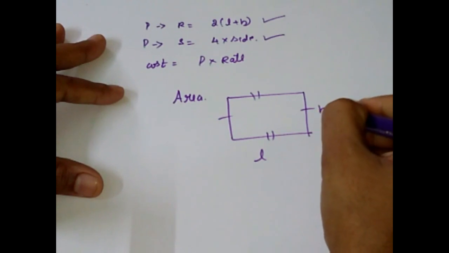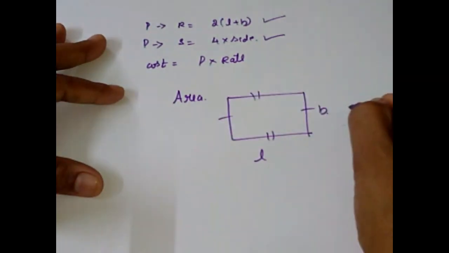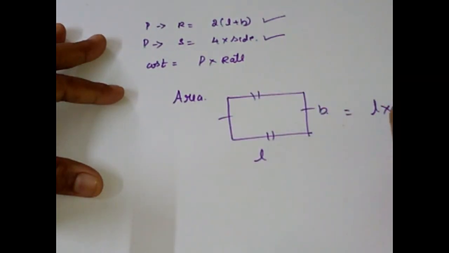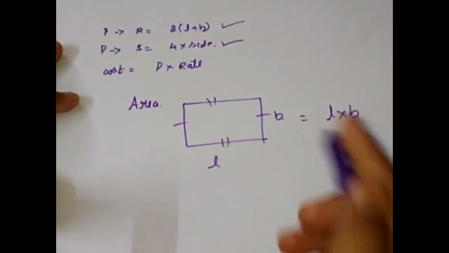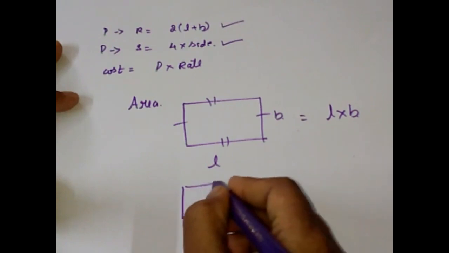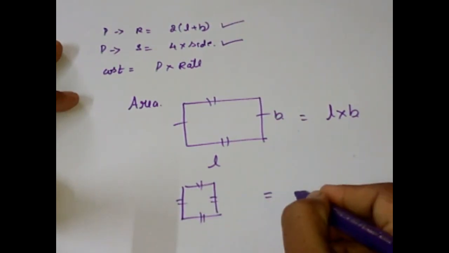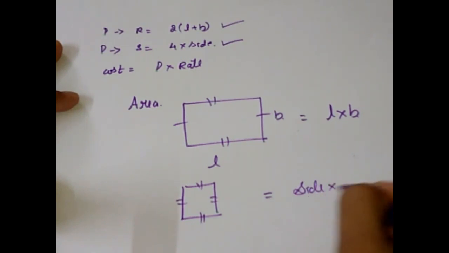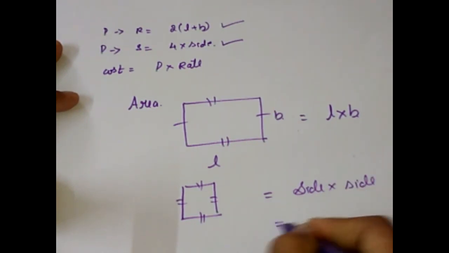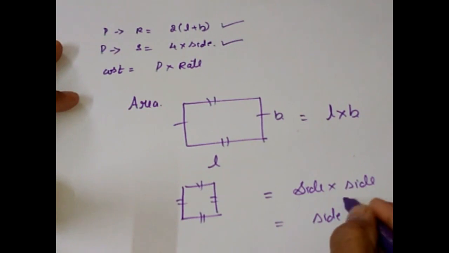They are called length and breadth. Area of a rectangular region is calculated using the formula length into breadth. And area of a square, where all four sides are equal, is calculated as side into side, or it can also be said as side square.